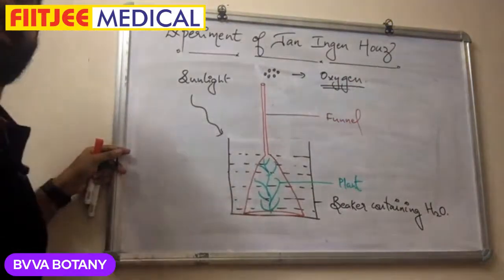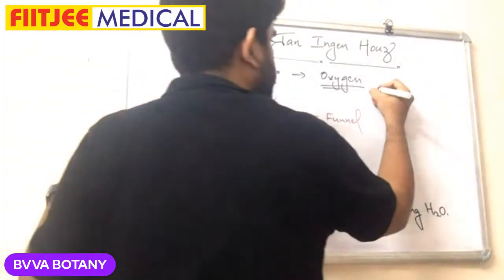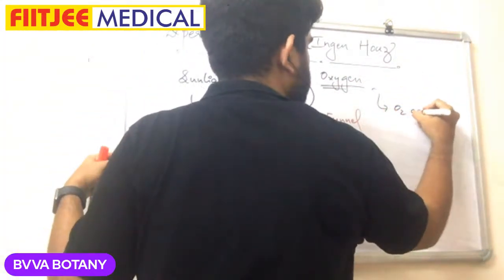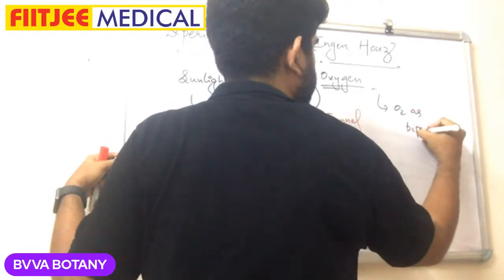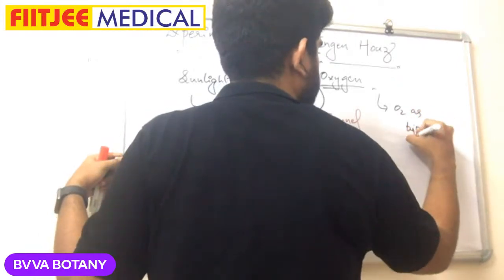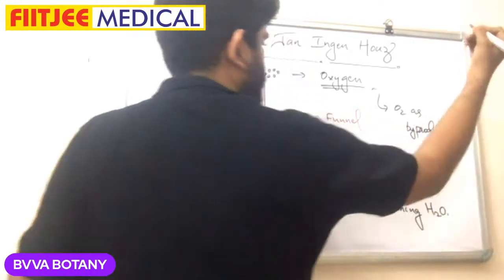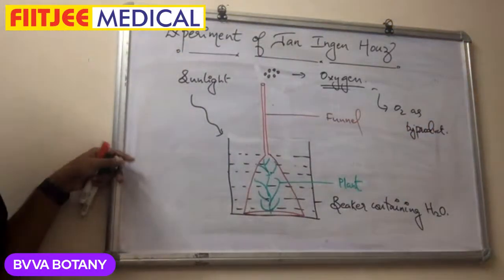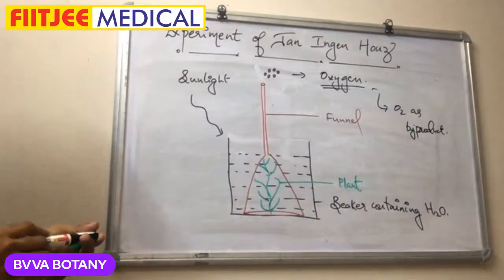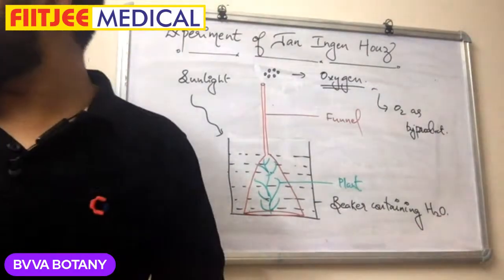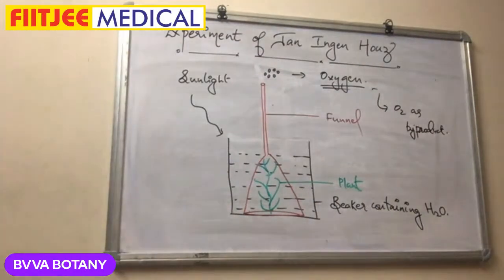So he concluded that the process of photosynthesis produces oxygen as the byproduct. Oxygen as the byproduct. Okay. So we will move on to the next experiment. Experiment of Julius von Sachs.